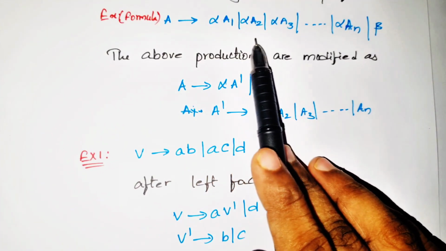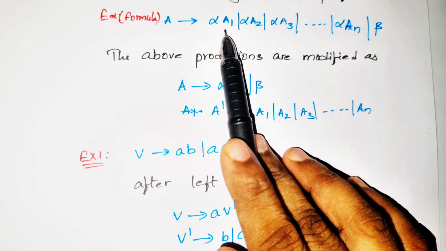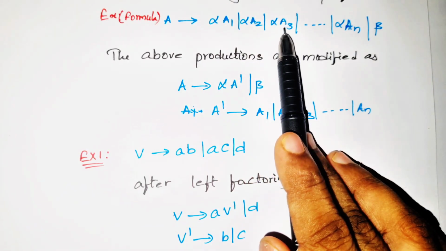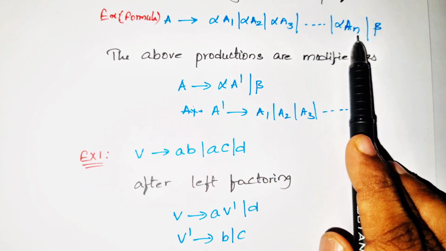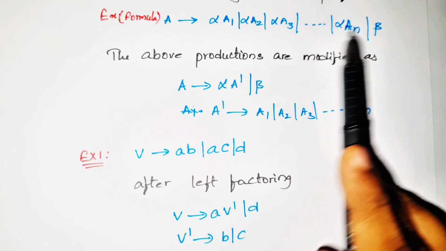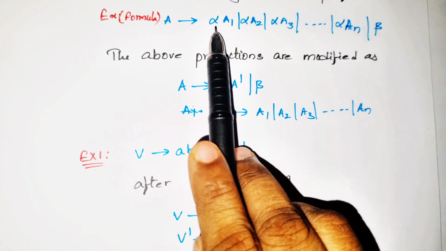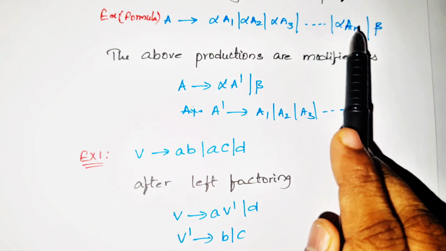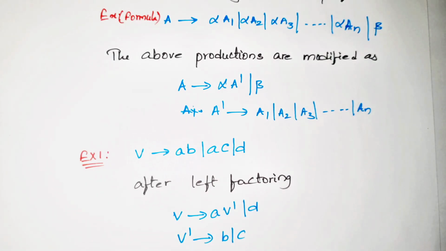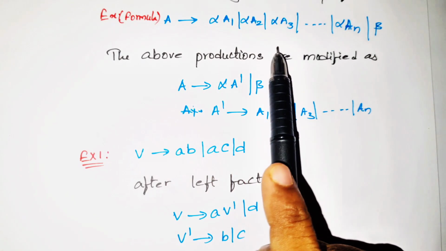Suppose we have these productions, A goes to alpha A1 or alpha A2 or alpha A3 and so on, alpha AN or beta. Here all these productions, alpha A1, alpha A2 and so on, alpha AN, have common prefix alpha. All are starting with alpha.